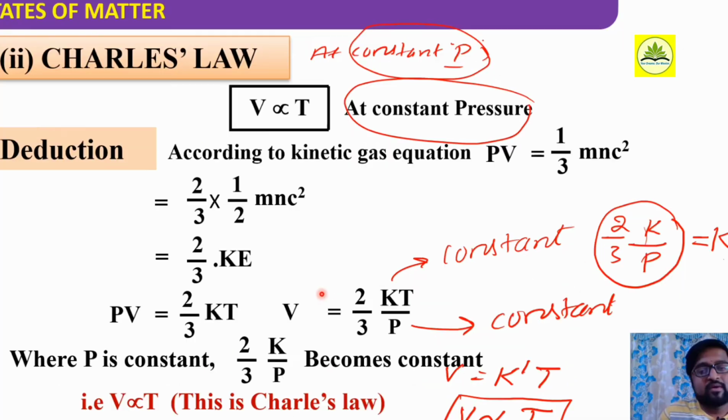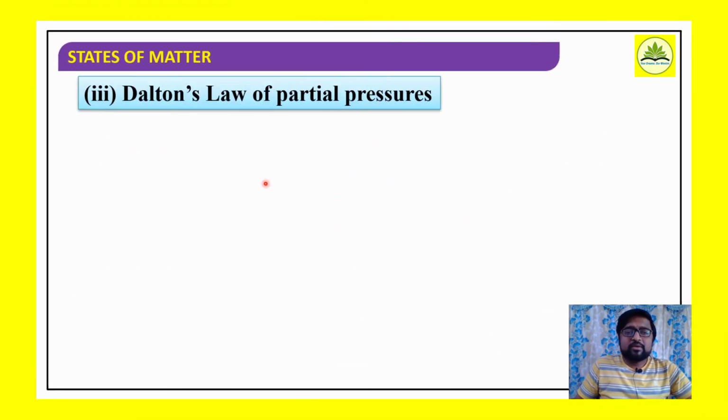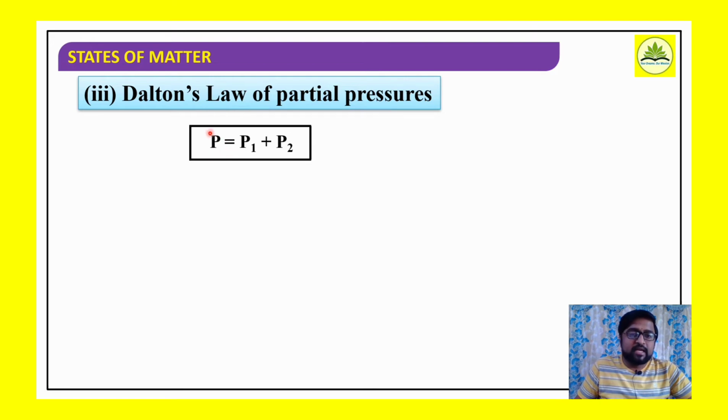Got it? Well, coming to Dalton's law of partial pressure. So what does Dalton's law of partial pressure say? The total pressure P, indicating P total, is equal to the sum of the partial pressures of the individual gases.